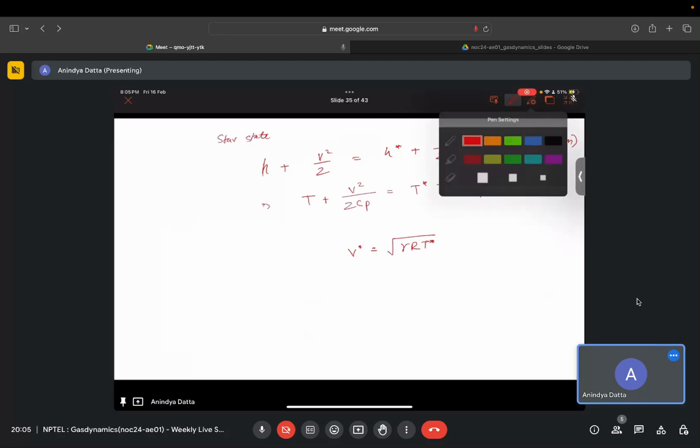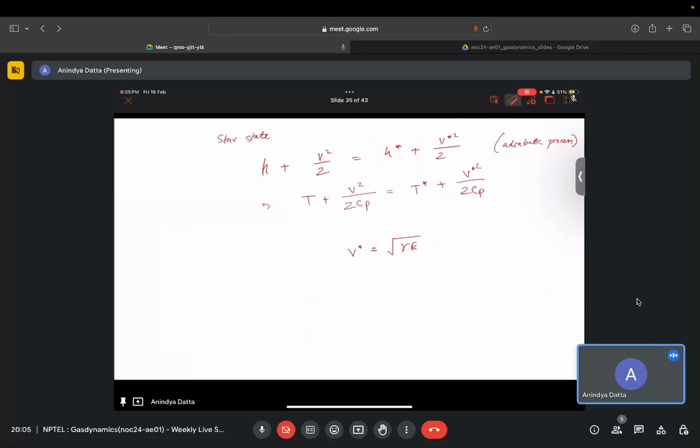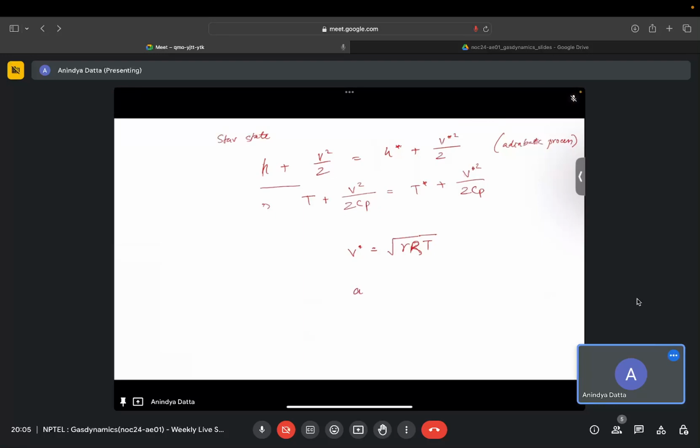Sorry, I did something wrong here, this should be gamma R T. So at the star state the flow velocity is equal to the speed of sound, and that is the reference. This gives us a star temperature, and A star is equal to the square root of gamma R T star.